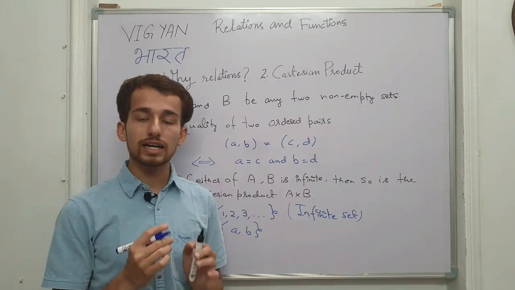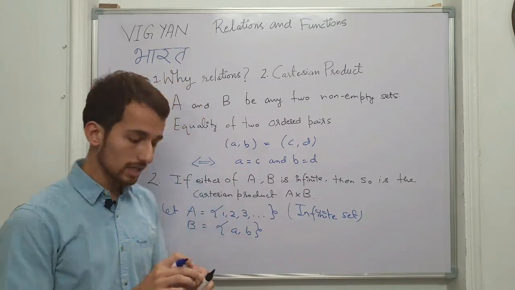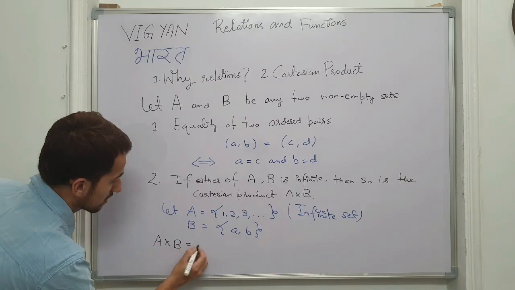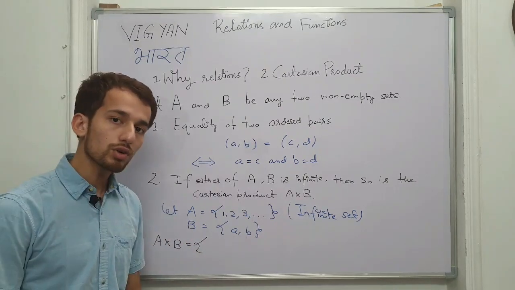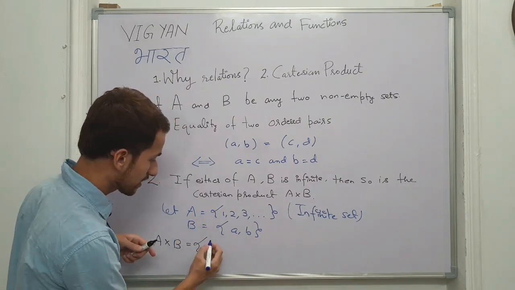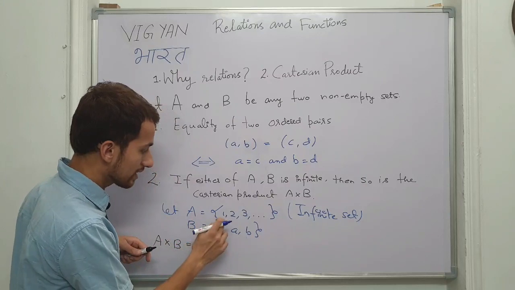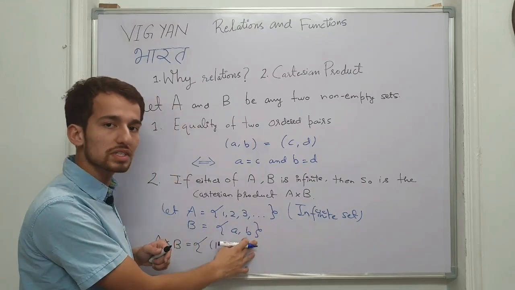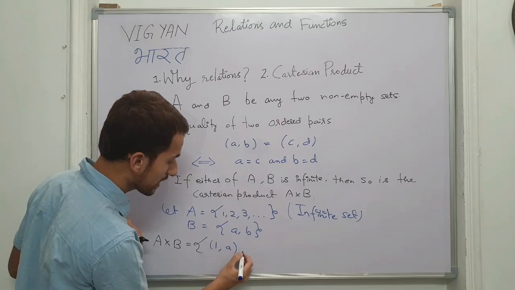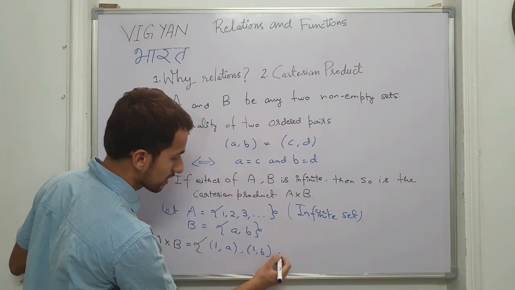Now, if we again go to the definition of A cross B, how was it defined? You take the first element from the first set, fix it as 1, and take all the corresponding possible choices from the second set. So for 1, we have a and b, two choices: (1, a), (1, b).